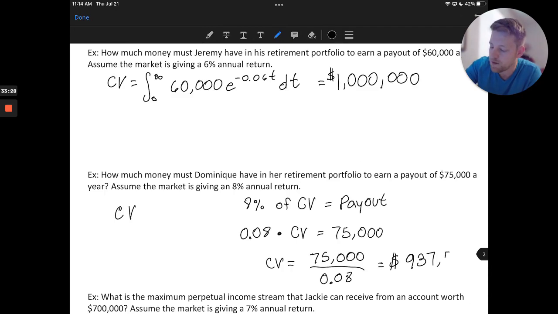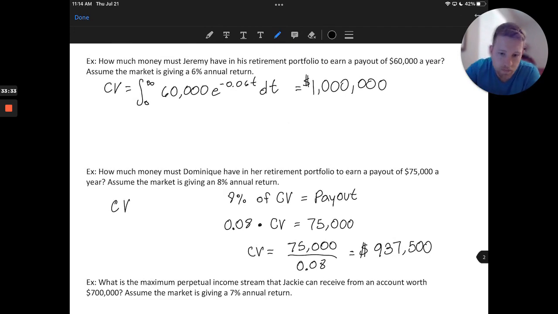And that would be the capital value or the equivalent lump sum that I can take 8% annual interest on and just live off that interest and never touch that principal. And I could earn $75,000 with that 8% each year.